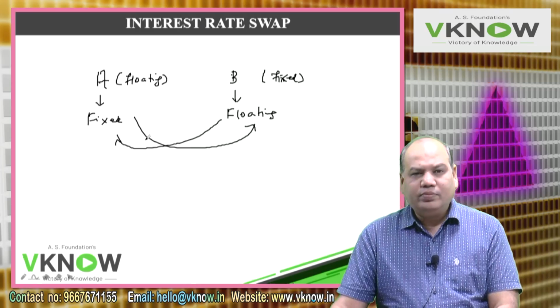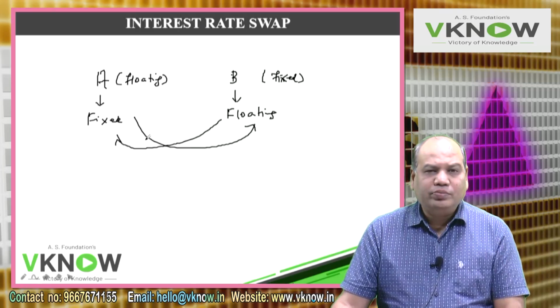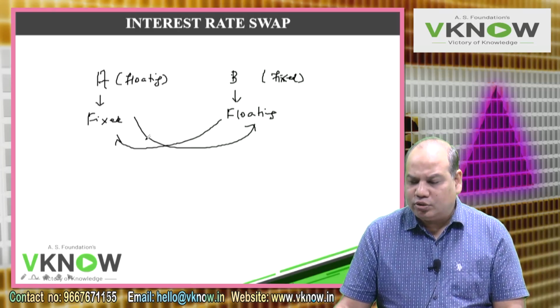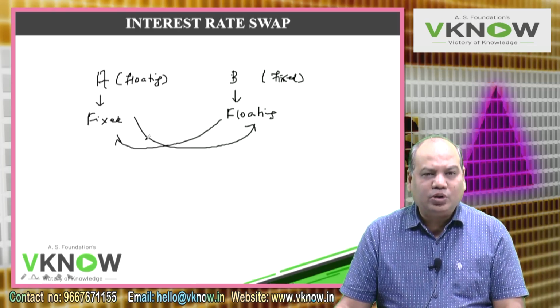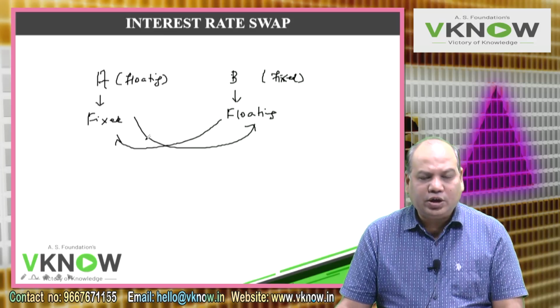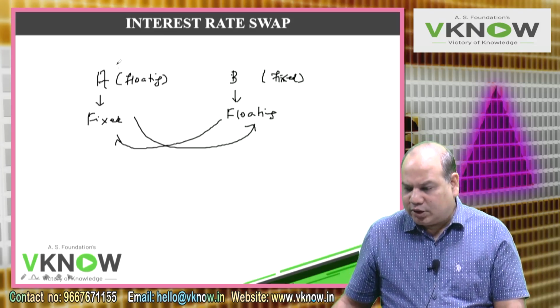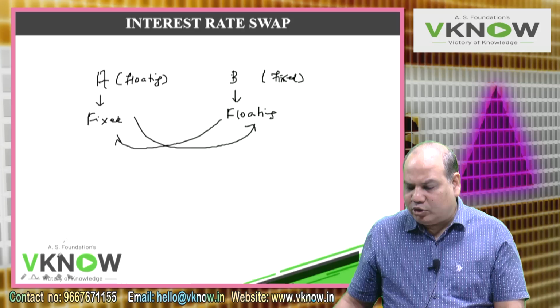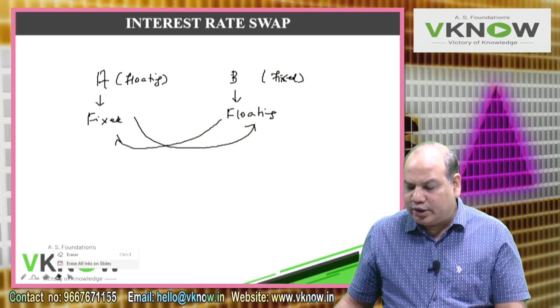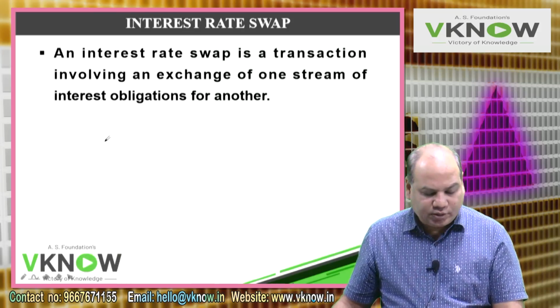This way, without repaying their loan, without raising a fresh loan, they are able to convert their fixed rate loan into floating rate or floating rate into fixed rate. And sometimes this interest rate swap will be used to reduce your interest cost also. That also we will see with the help of some example.